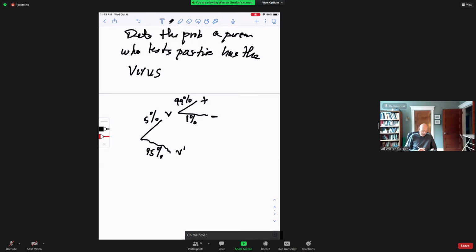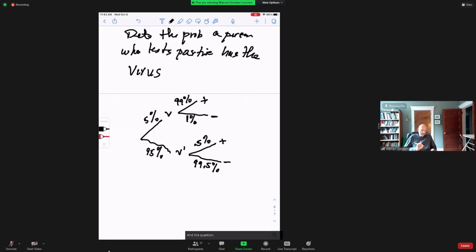On the other hand, if you don't have the virus, we get what's called a false positive, and that happens, was that 0.5%? Let me see. Yeah, 0.5%. And therefore, this is 99.5%.